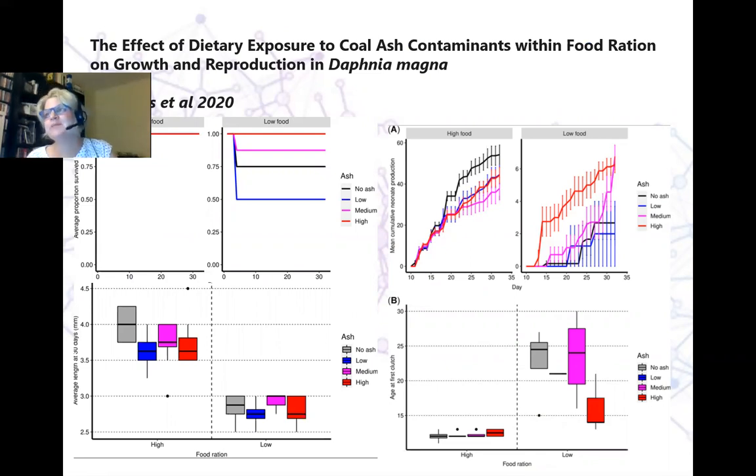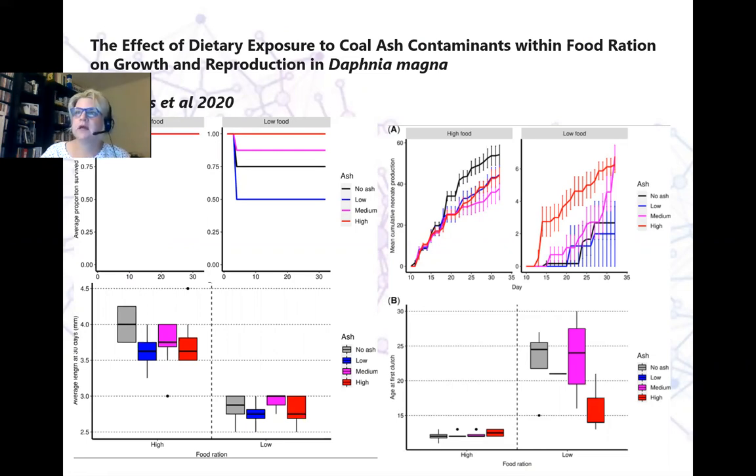Basically, we had two different rations, high and low food, and we looked at Daphnia over a 31-day test.